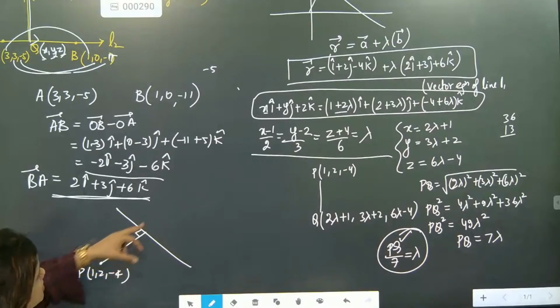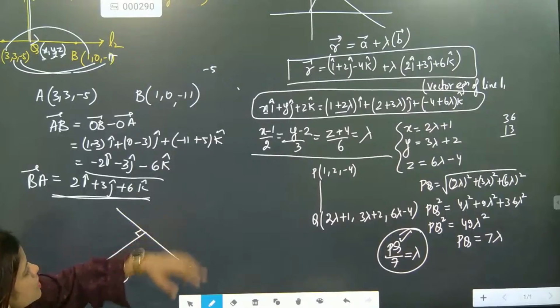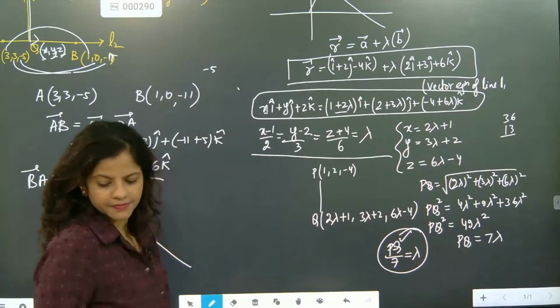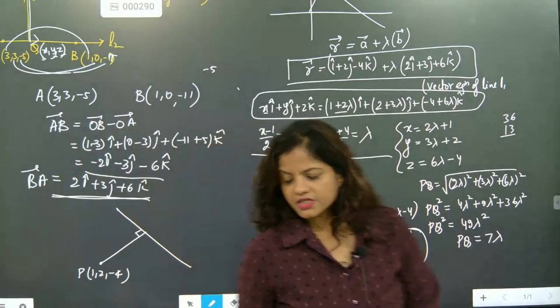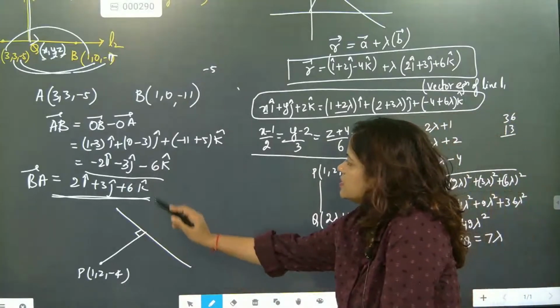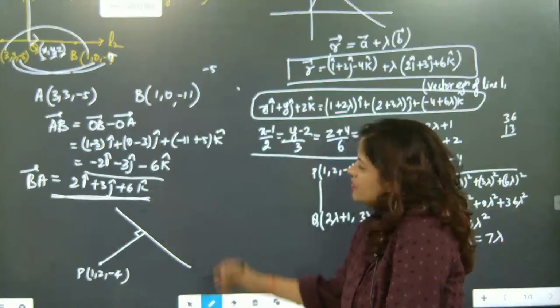If I get these distances, it will be done. 2, 3, 6 is there. So the lambda value is coming as 2 lambda, 3 lambda, and 6 lambda. By the distance formula, how much is it coming as? Any one equation we will get.